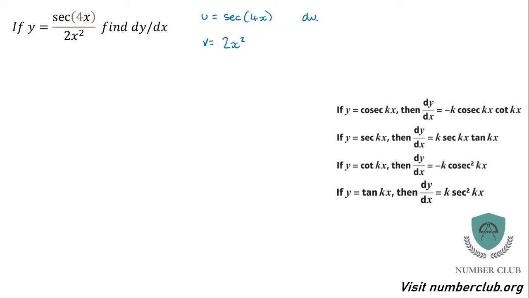So du by dx, sec of 4x will be 4 sec of 4x tan of 4x. And dv by dx will equal 4x. v squared will be 2x squared, squared.